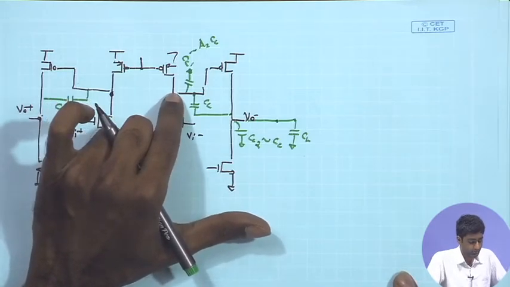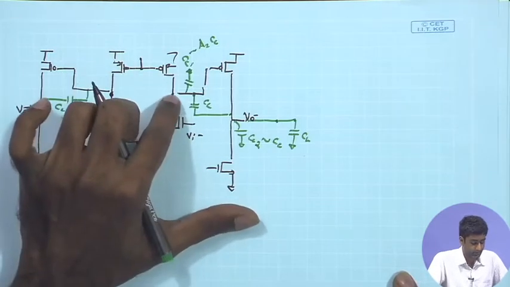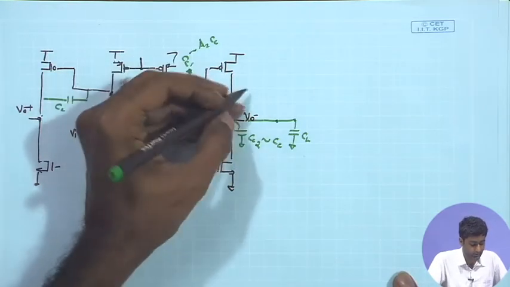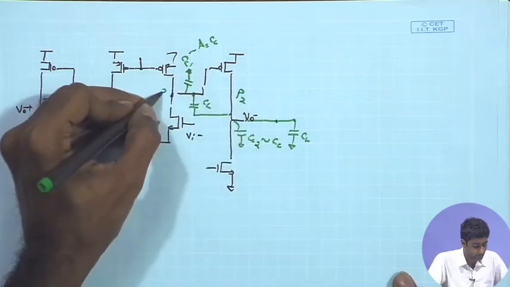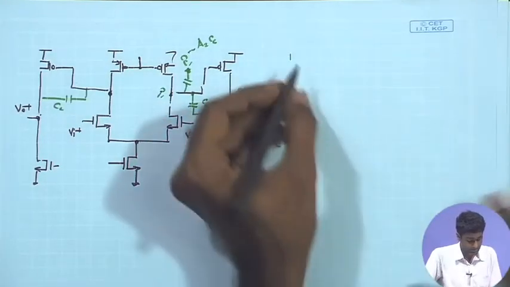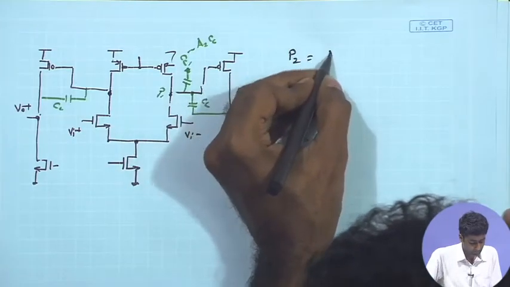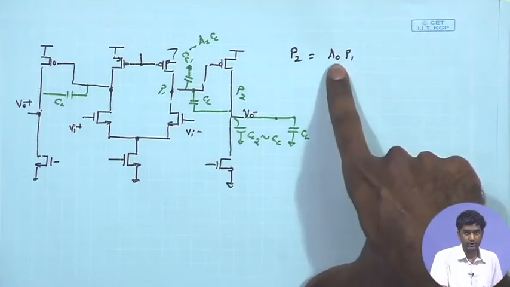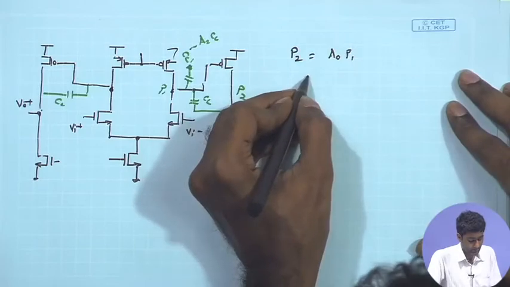So, the lower frequency pole is going to be pushed towards low frequency, and we want the second pole, the non-dominant pole, let us call it P2, to be A naught times P1, where A naught is the low frequency gain of the two stage, that is A1 times A2.